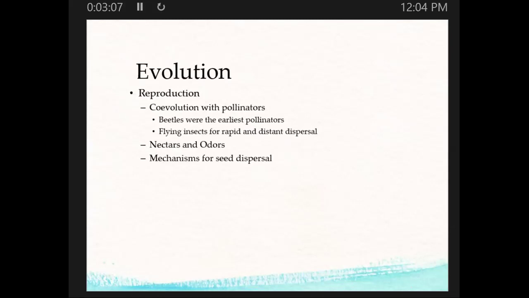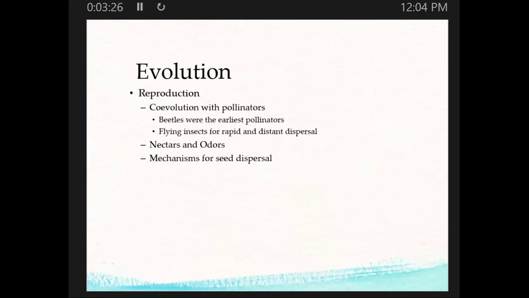And then once flying insects evolved, that really allows for greater spread of pollen, of course, and the pollination mechanism.